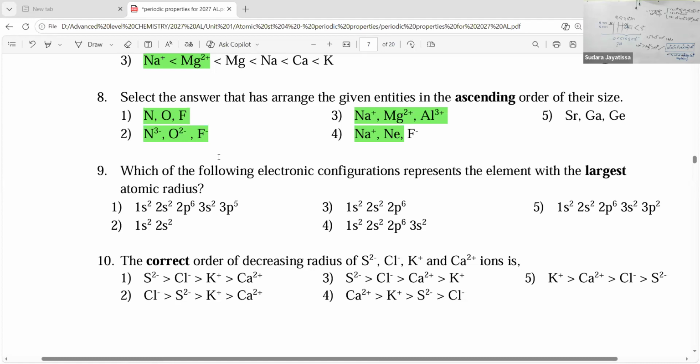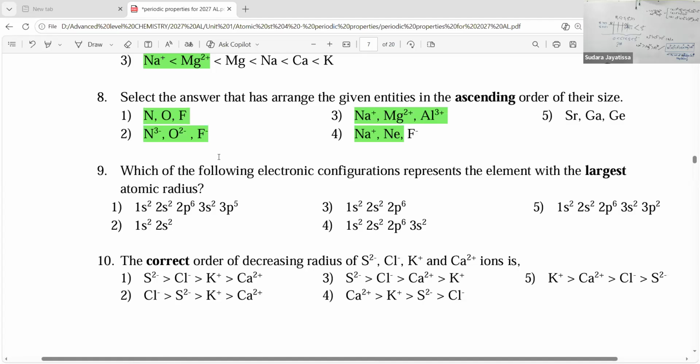Fifth one. You are selecting the fifth one because in the first one you are just adding more electrons. Across the period, left to right, size decreases, isn't it? Now write the element in front of each configuration.